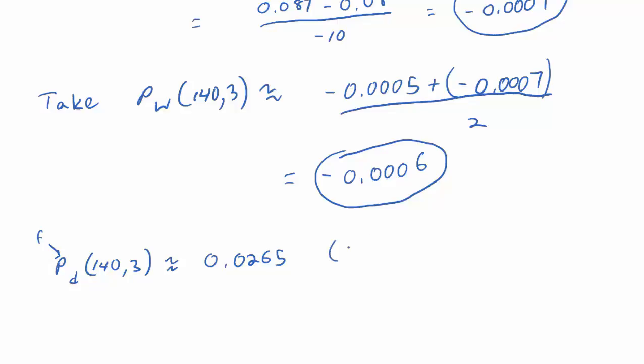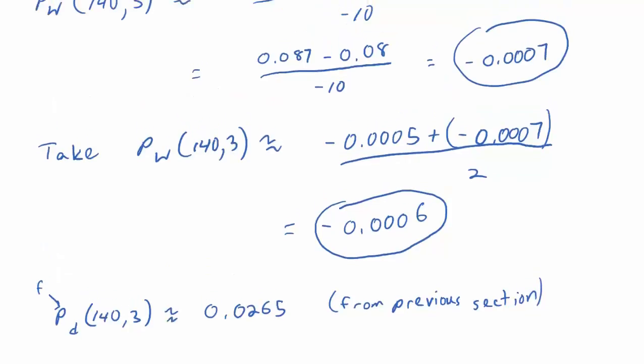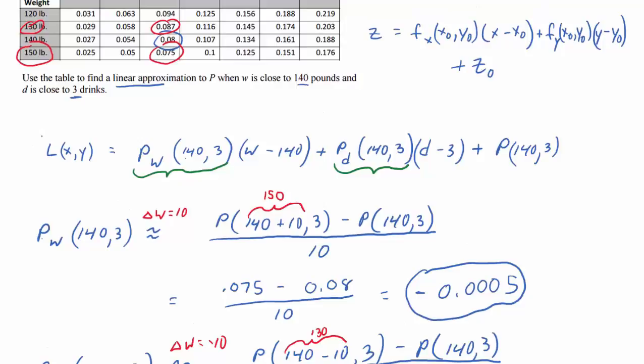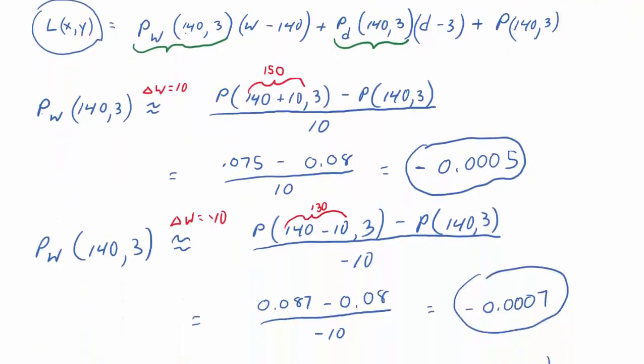So that's from the previous section. So all that's left to do is fill in the right-hand side of L of x, y with the values that we just found.